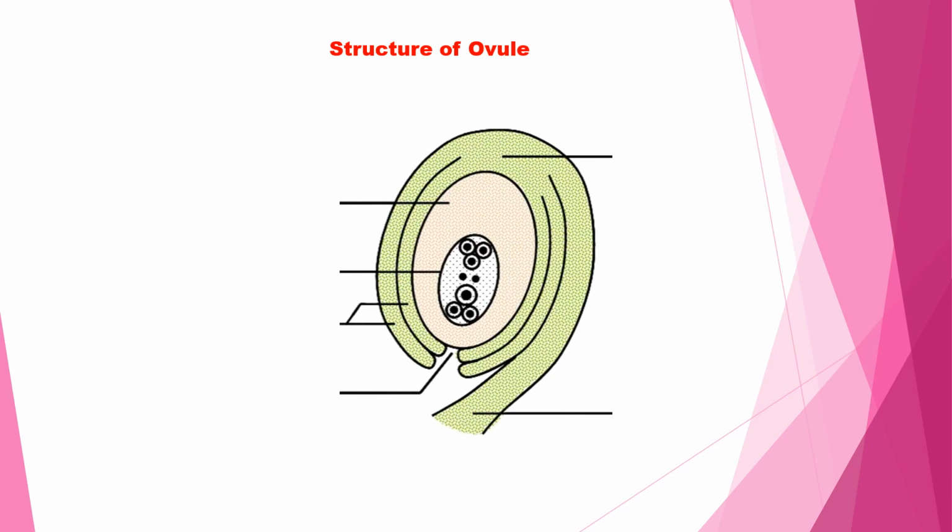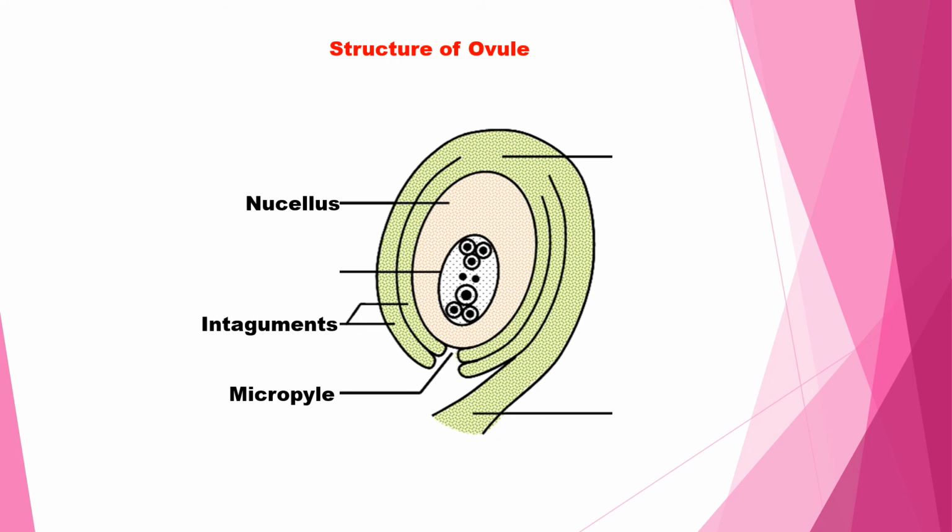In the ovule, the main part is nucellus. The nucellus is enclosed by two layers, that is integuments. The integument leaves an opening, that is called micropyle. Micro means very small, a small opening. This opening will help the plant during reproduction, during fertilization.